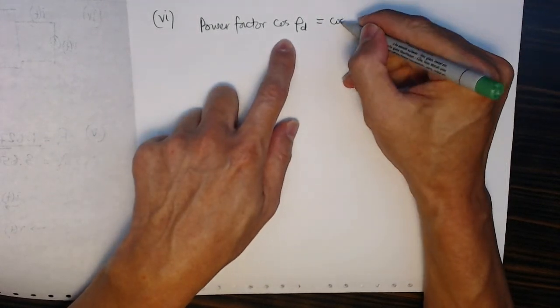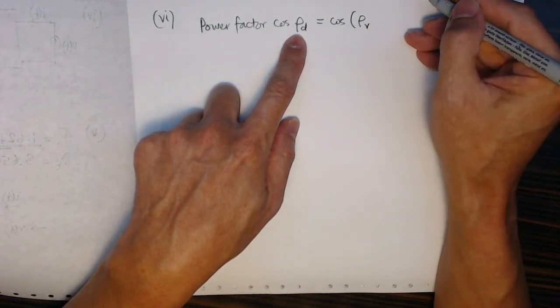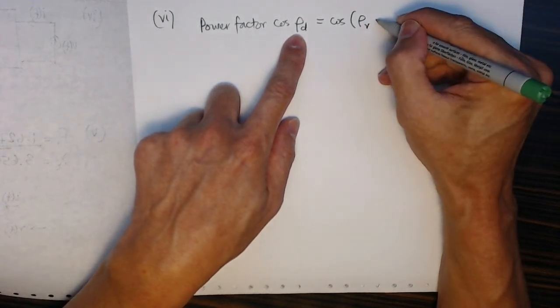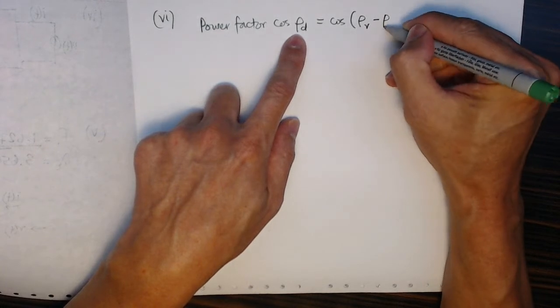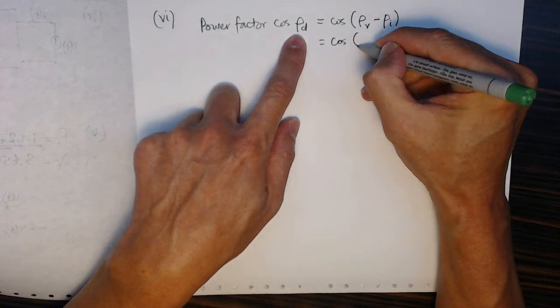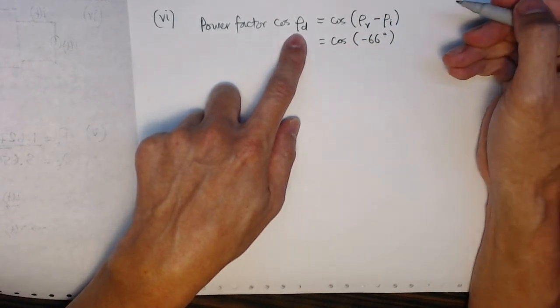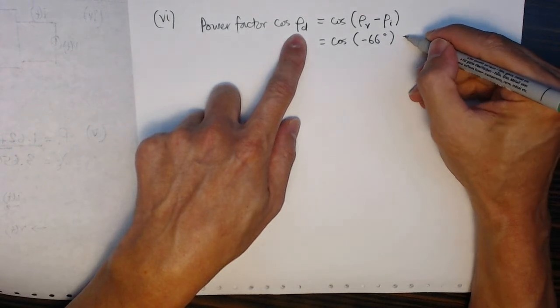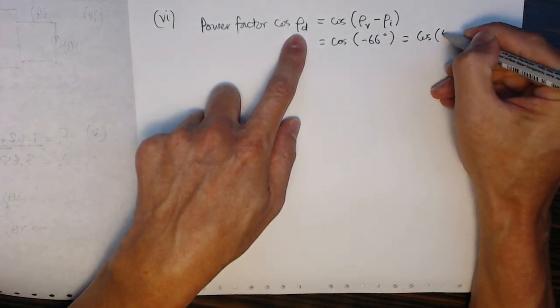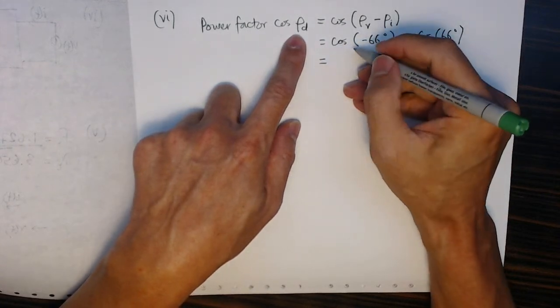In this case, it's the phase shift of the voltage minus the phase shift of the current. This gives me the cosine of minus 66 degrees. In terms of value, it is the same as cosine 66 degrees.